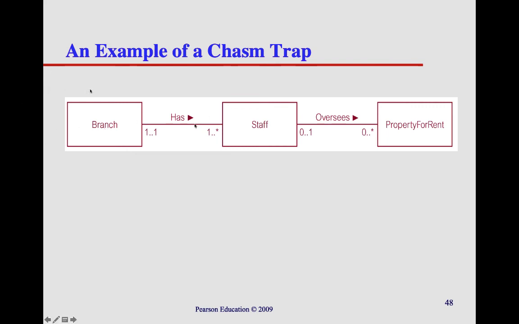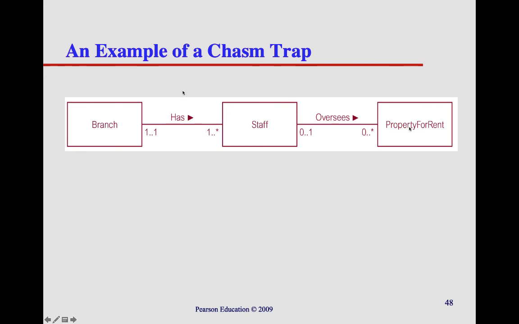A branch has one or more staff, and a staff oversees 0 or more properties, and a property may be overseen by at most 1 staff, but potentially 0 staff. So it looks as though there is an unbroken path from a branch to a property for rent.